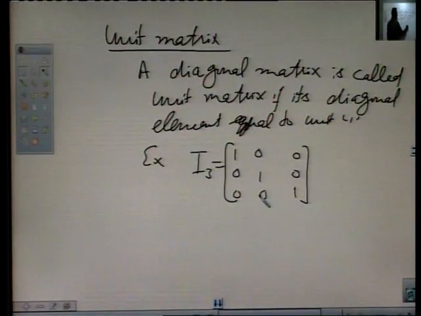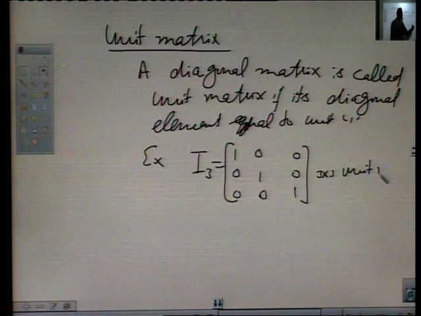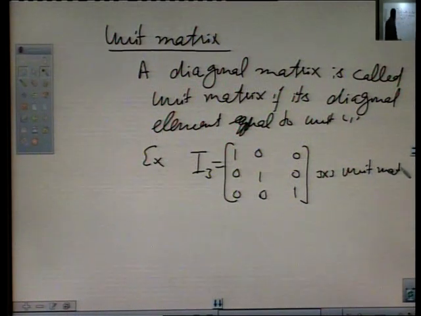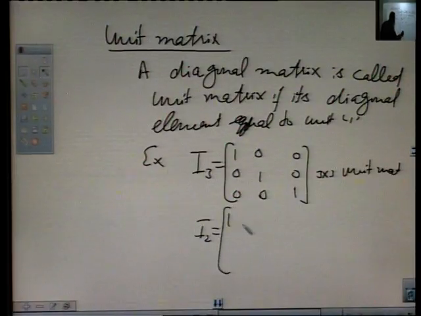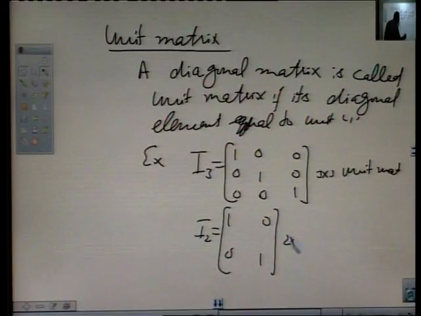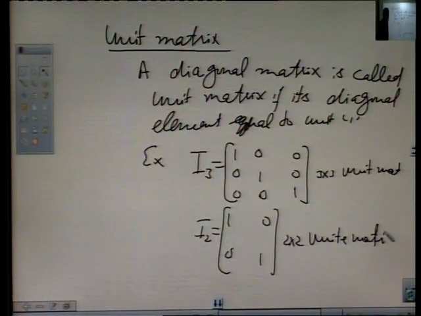This is I3, the unit matrix of order 3, a 3 cross 3 unit matrix. And I2 is the 2 cross 2 unit matrix 1 0 0 1.